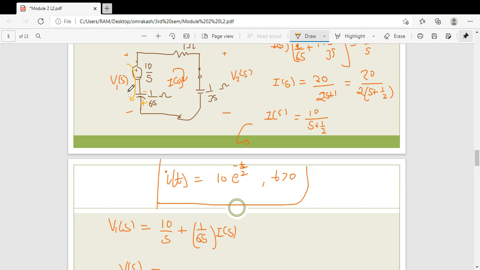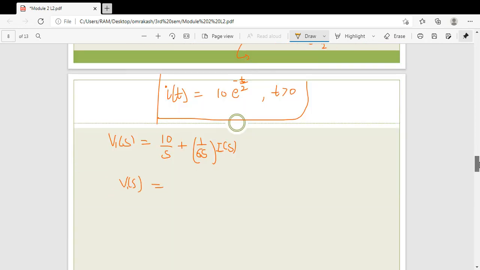KVL for this loop, so that equation becomes this. Here is a minus.